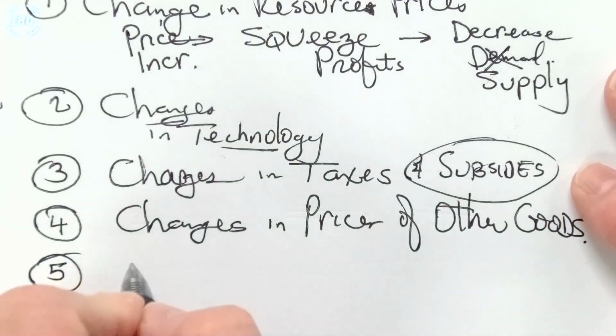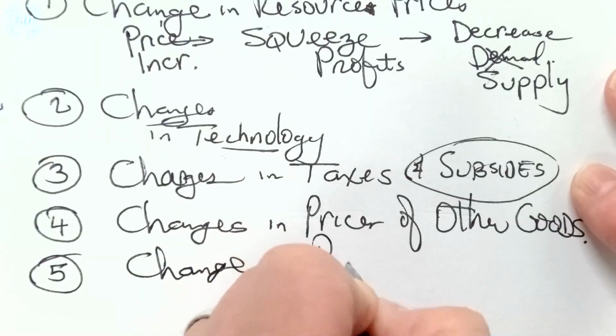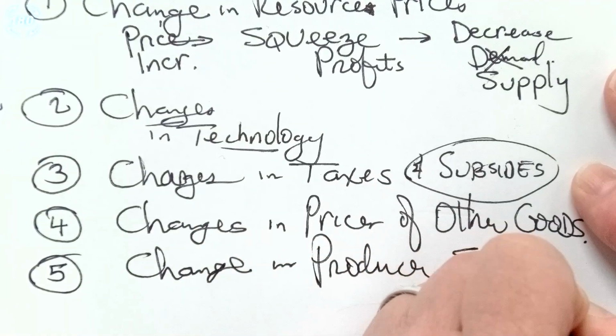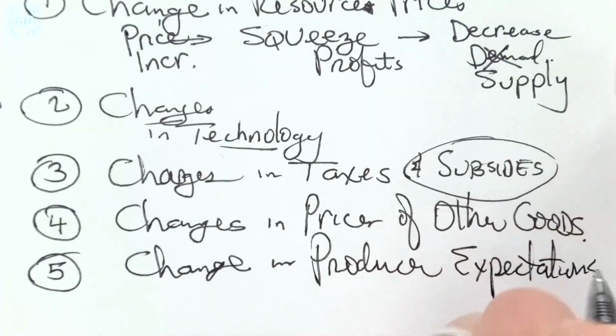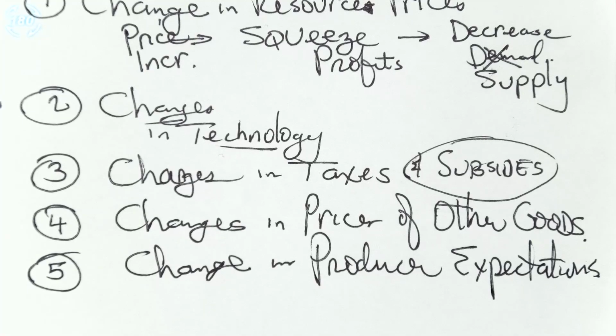Producer expectations. There could be a change in producer expectations. If you're a farmer and you expect wheat to be priced higher in the future, because there's a coming demand for wheat, then you're going to supply wheat today.